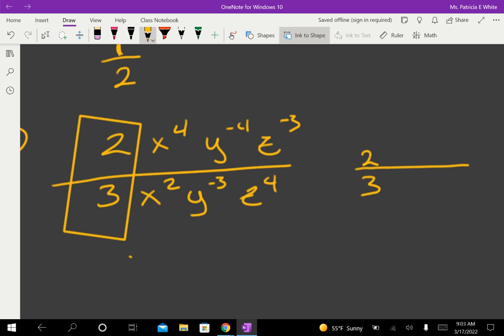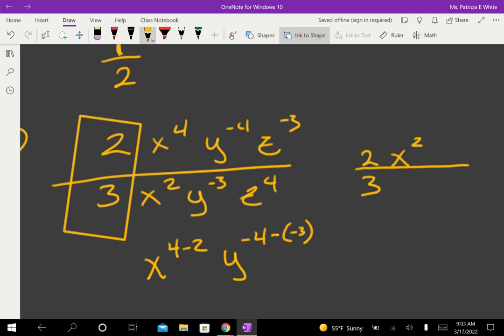Now I have x to the 4 minus 2. Top minus bottom. X to the 4 minus 2 gives me x to the 2nd. And that's where I'm working, up here in the top, so that's where I'm going to put them. Y to the negative 4 minus a negative 3.